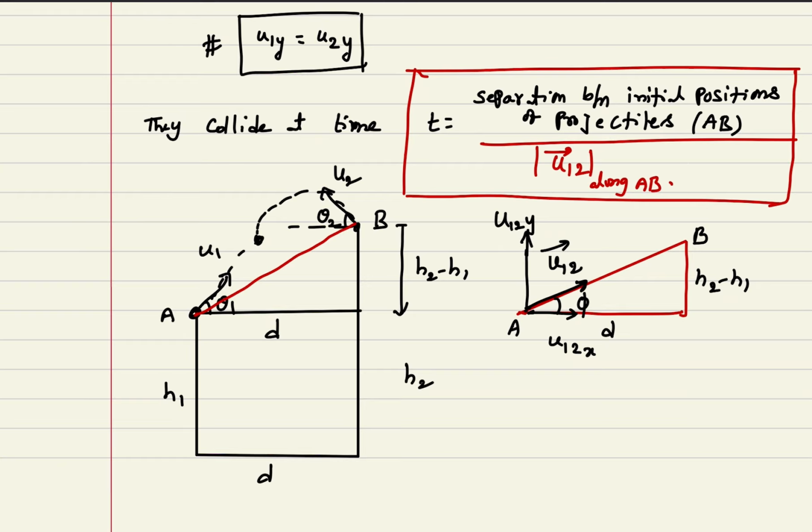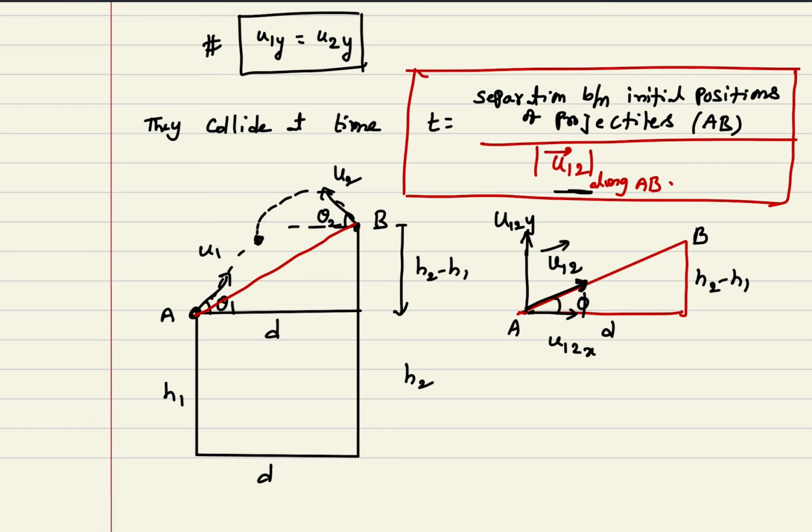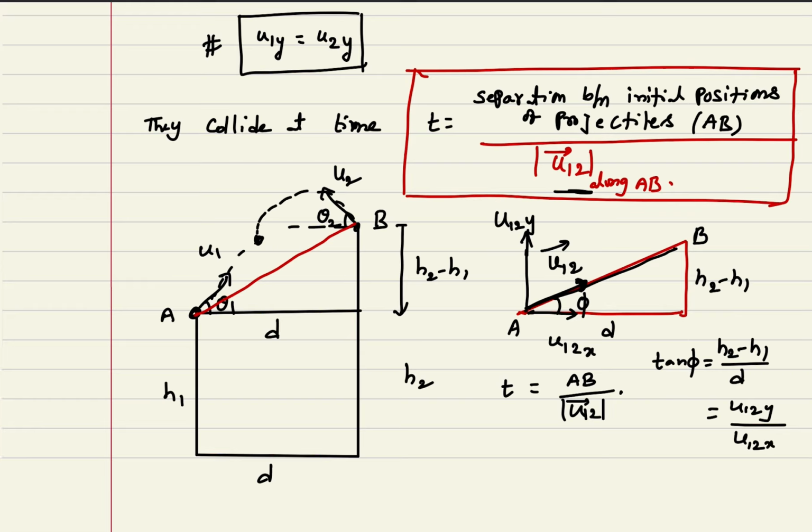Now whatever relative velocity is there, u12 bar, you see here the relative velocity is along AB. So I am using the same thing: u12 bar along the line joining them, and the time of collision t can be written as distance AB divided by u12 bar. Similarly, tan phi can be written as h2 minus h1 divided by d, which is also equal to u12 along the y-axis divided by u12 along the x-axis.